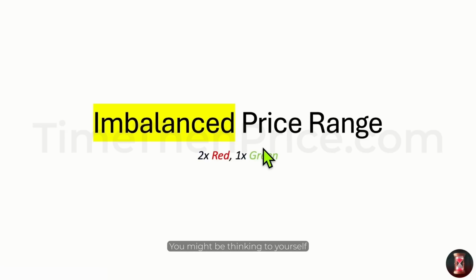You might be thinking to yourself, how come that this right here is so important to understand? Look, what I need you to know is that when you're looking at the market through the lens of algorithmic price delivery, it's very important that you understand that algorithms are seeking to deliver price efficiently in a balanced and effective manner. Meaning, they are looking for both buy side and sell side to be delivered an equal amount of times.